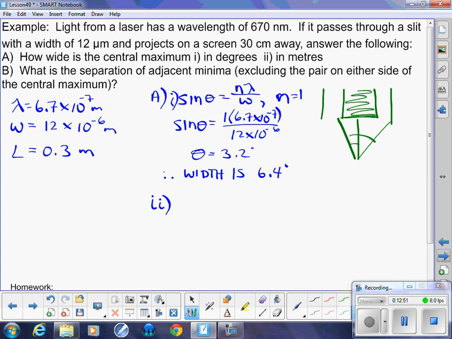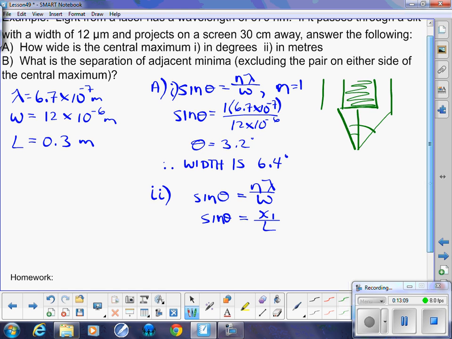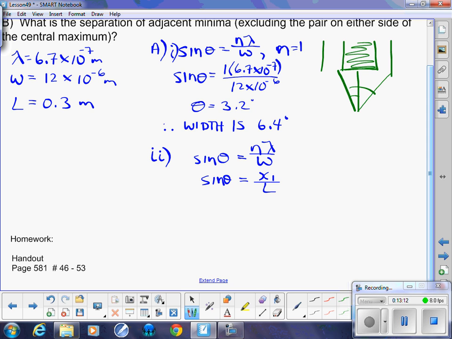The second part then, so that was A1, the second part in meters. So how do you do it in meters? Well, that sine theta equals n lambda over w formula, we can still use it, except we can replace the sine theta with x1 over L. So that's one of the formulas we had from the previous screen. Having that, sine theta equals, we're looking for x1, L was the 0.3.